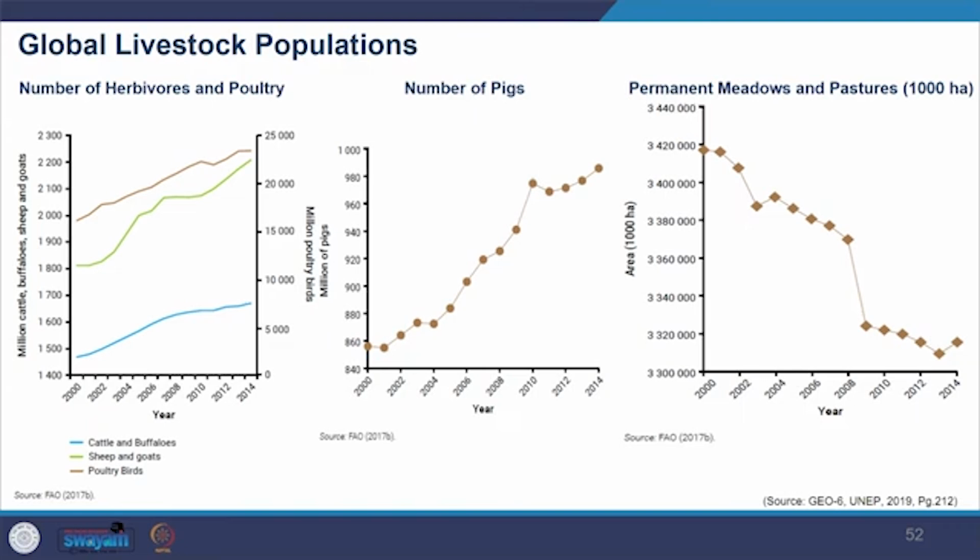So we consume more energy, we use more land to feed these livestock. In the graph you can see increase in herbivorous animals, poultry and pigs, and in the last one you can see the decrease in the meadows and the pasture land. So look at the steep increase and the decrease in the land here. While you see this, review this and contemplate on it.